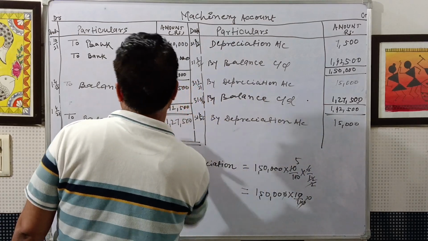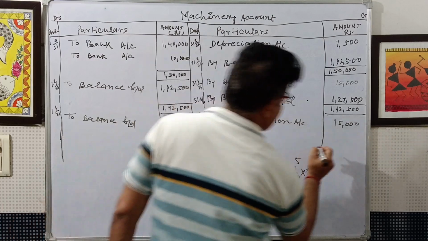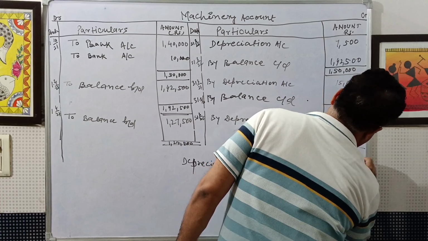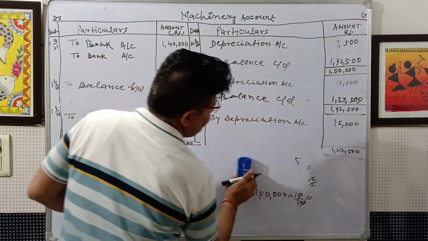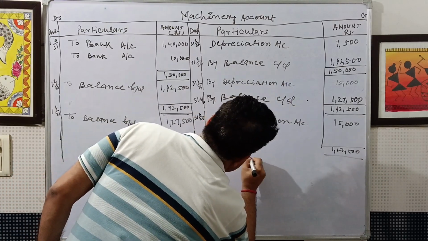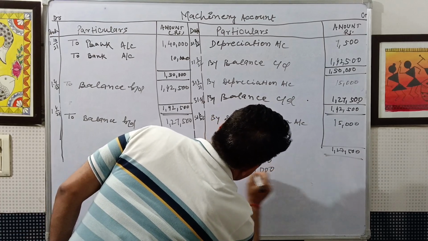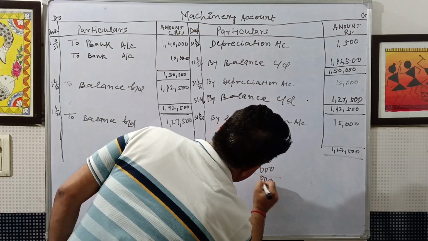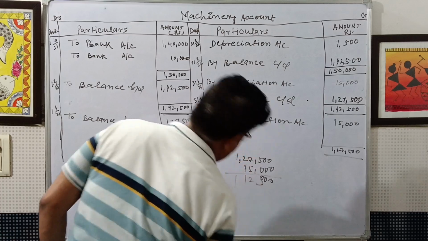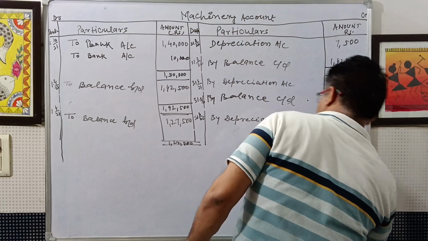So now the closing, because the third year is closing. 1,27,500 minus 15,000 is 1,12,500.